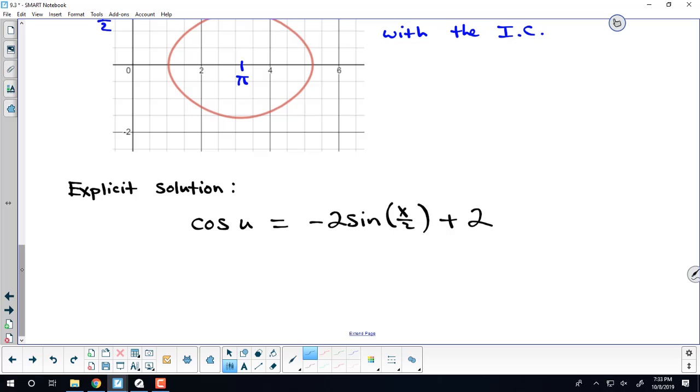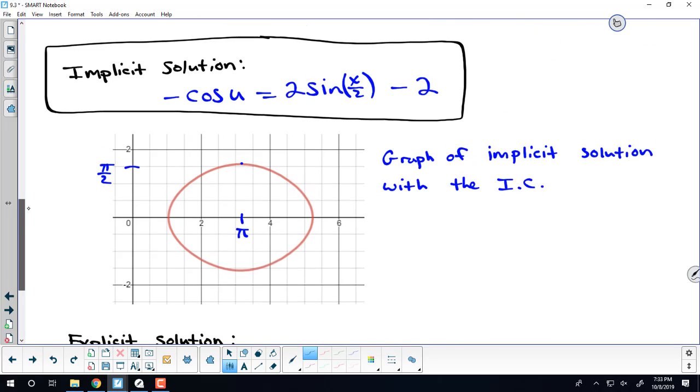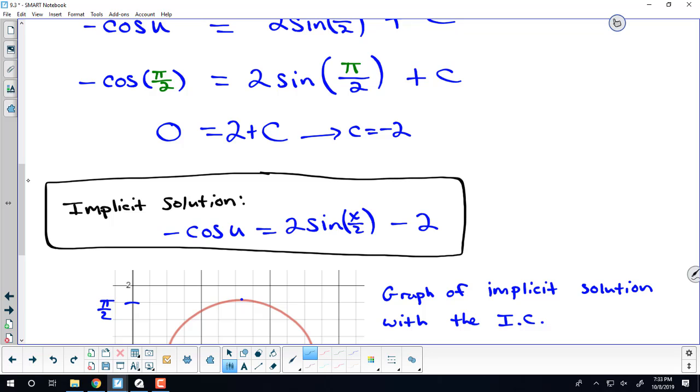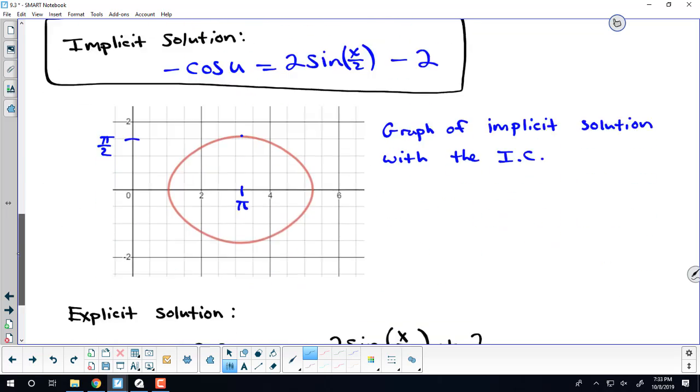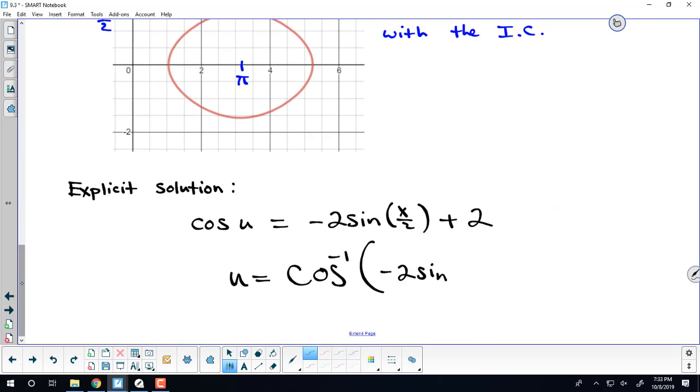Negate that. And so u is the inverse cosine of that quantity. I do believe it is -2 here. He transferred over a negative 1, yeah, because of the negative cosine. X over 2 plus 2.